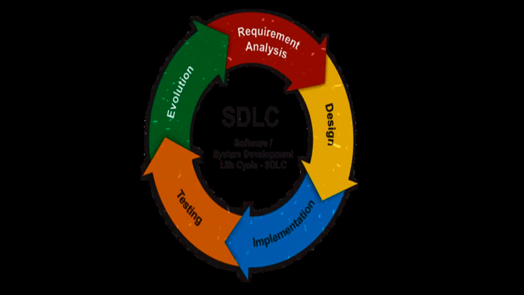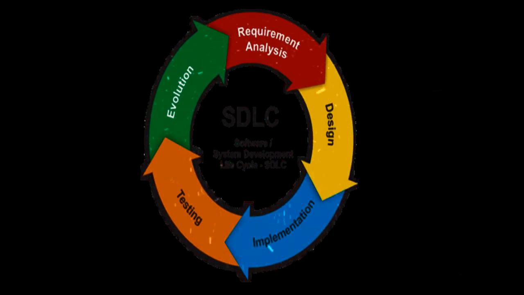The life cycle defines a methodology for improving the quality of software and the overall development process. The following figure is a graphical representation of the various stages of a typical SDLC. Stages of SDLC. A typical software development life cycle consists of the following stages.